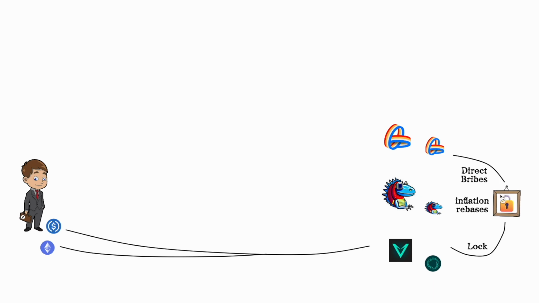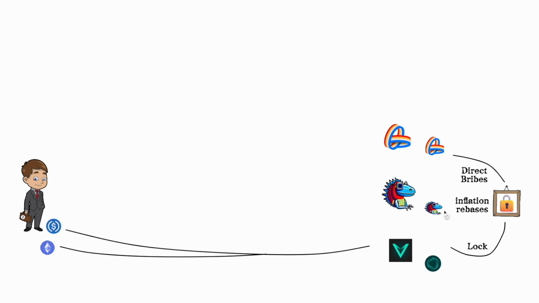Now, additionally, depending on the protocol, each protocol has a different number, but for the most part, they all have inflation rebases. What that means is every time new Flow or Sliz or Velo is minted for the gauges for the LP rewards, another amount is also minted and given to the VE holders, the NFT holders.